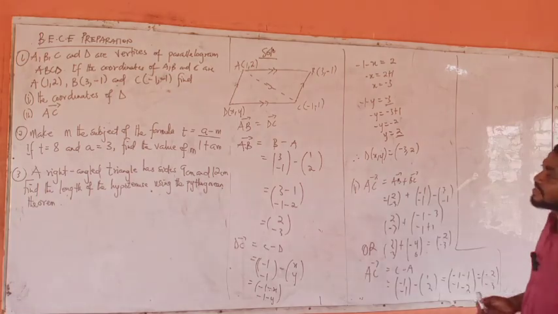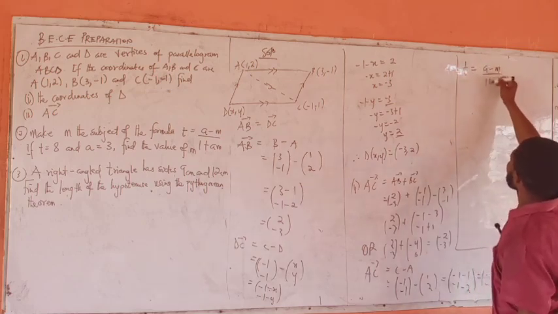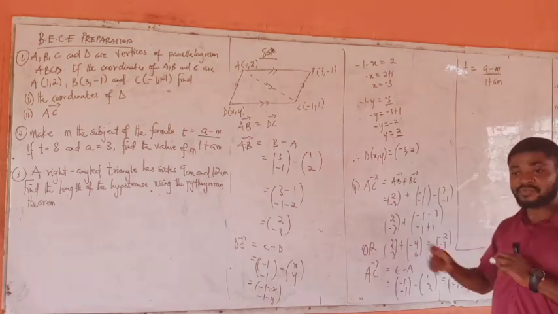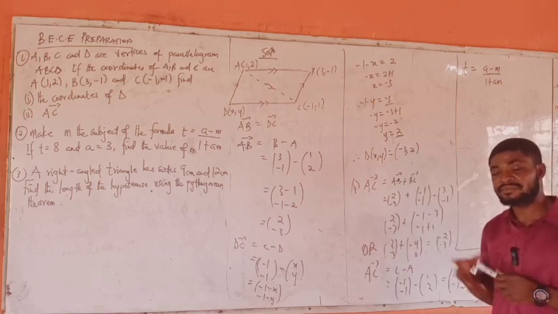Make M the subject. So C is equal to (A minus M) over (1 plus AM). We want to make M stand alone, so whatever has M should be on one side, and whatever does not have M should be on the other side.